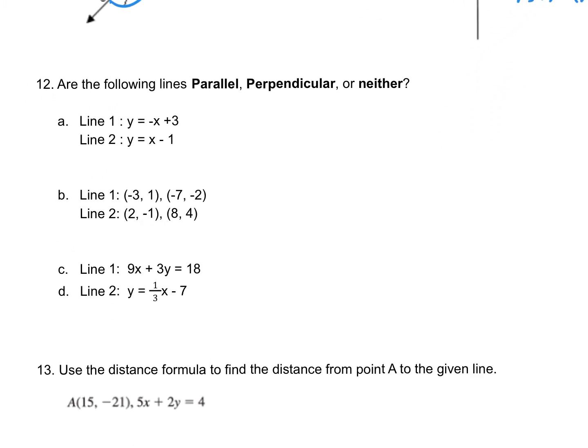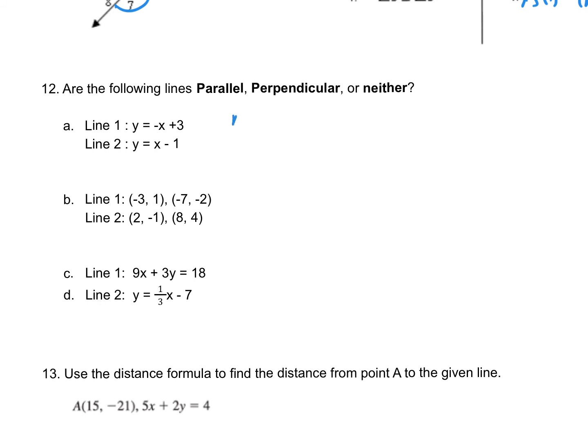12, let's find the first slope is -1. Second slope is 1, so this is perpendicular. Second one, to find the slope, we want y's on top of our x's. So we get 1 minus -2 over -3 minus -7.